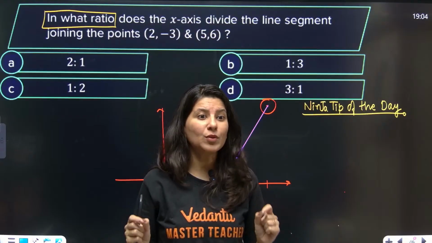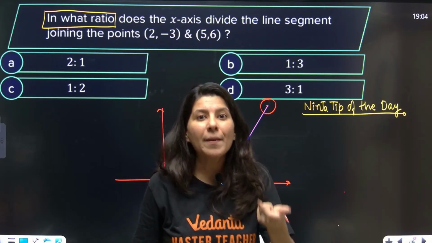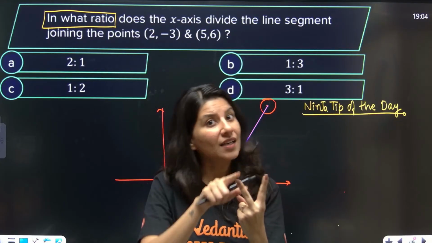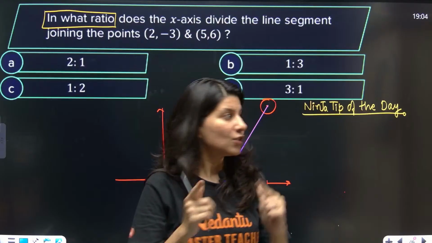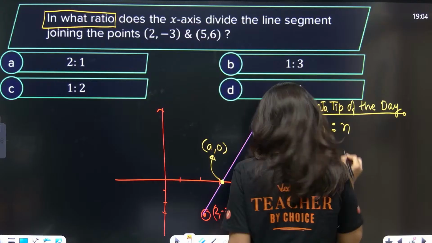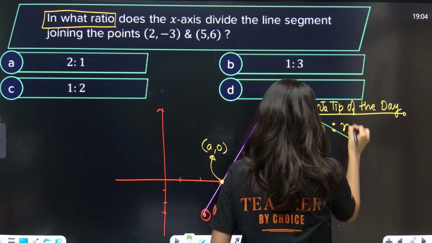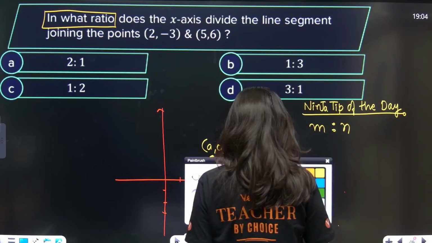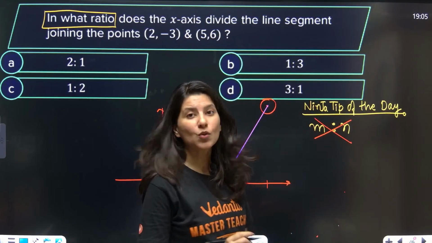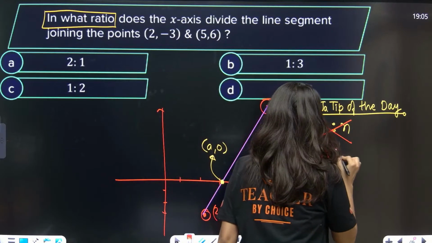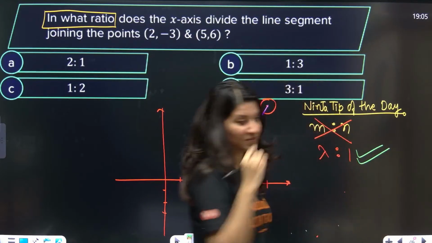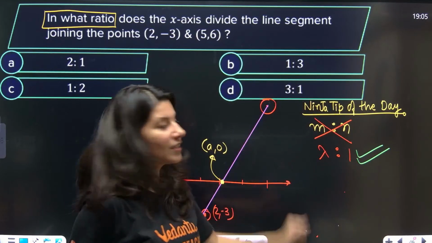Because if you assume m is to n, then you will have two variables, m and n, and you have to calculate both. So smartly, instead of assuming m is to n as the ratio, you have to assume lambda is to 1 as the ratio. Okay, this is ninja tip of the day.